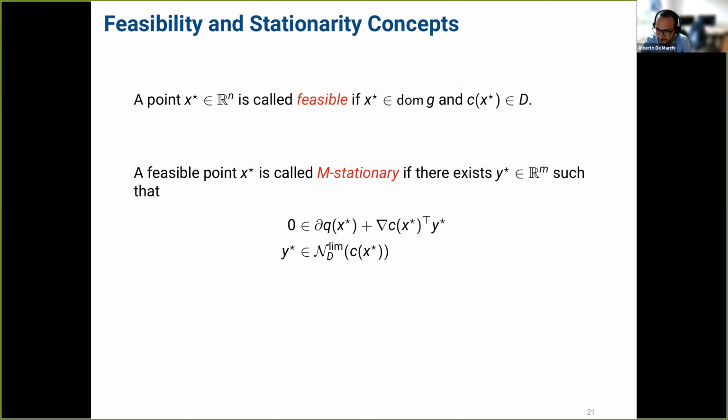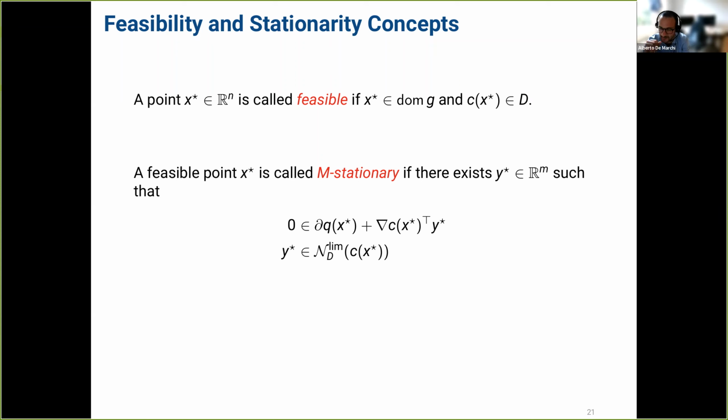But in this context, we have to take care of both the G and the non-convexity of D. So this means that we have an inclusion, with this subdifferential of Q instead of just the gradient of Q. And then for the dual multiplier y here, it must belong to the limiting normal cone of D at the point C of x star.